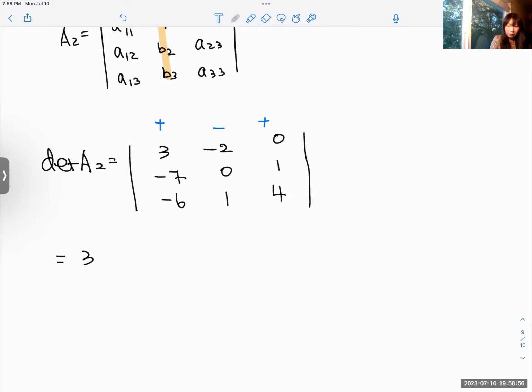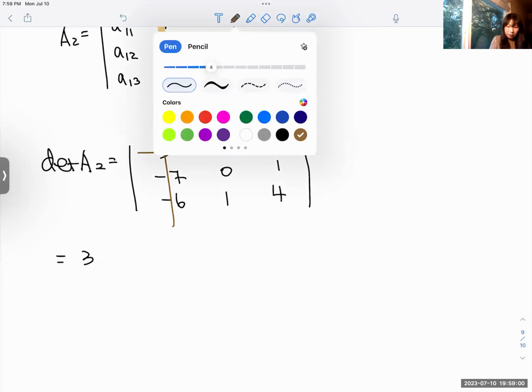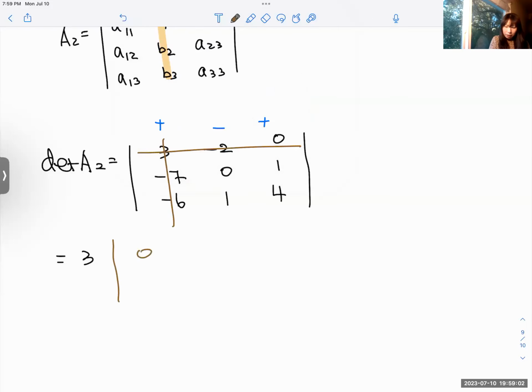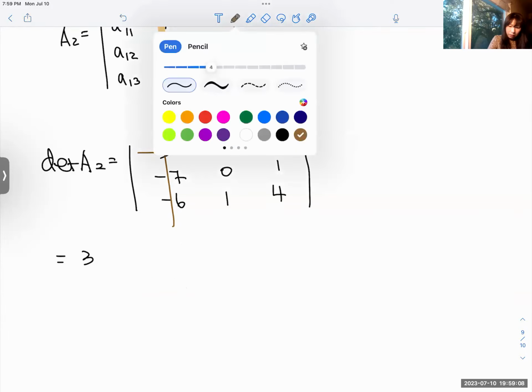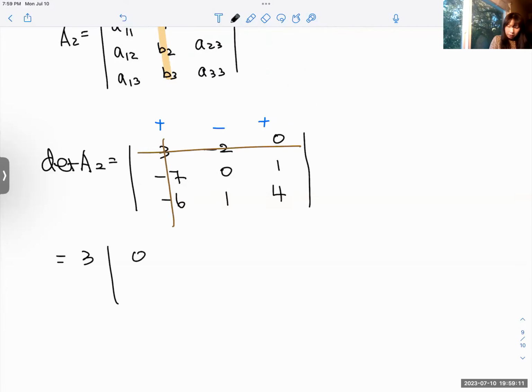3 and cross out. So we get 0, 1, 1, 4. And minus 2, and cross out.